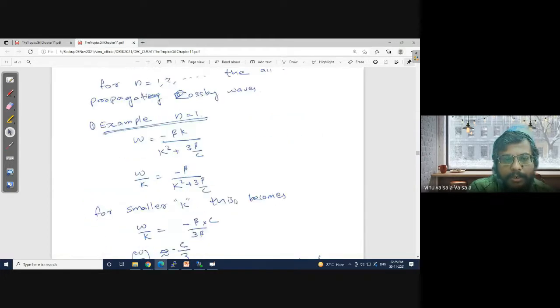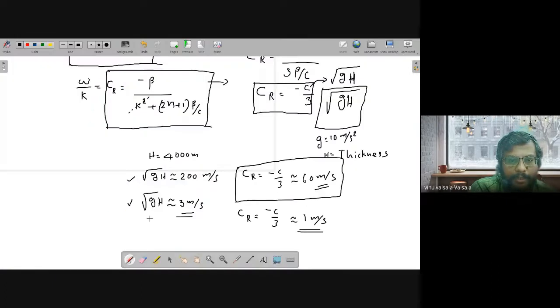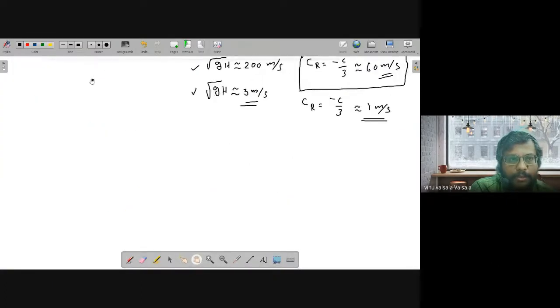Now you can build with n equal to a higher mode, for example. So let's come back to the board again. What are the n equal to higher modes? The same equation you can utilize. For n equal to 2, what will happen? Omega by k equal to minus beta k square, I am neglecting, it will be 2n plus 1, that means 5 beta by c, so this will become equal to minus c by 5.